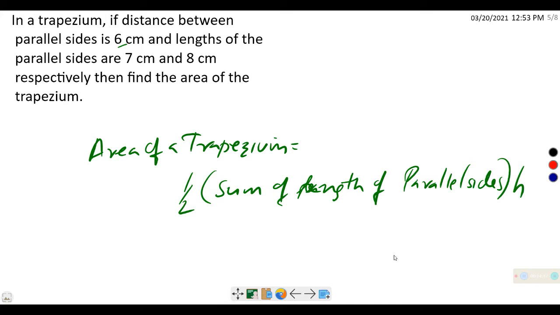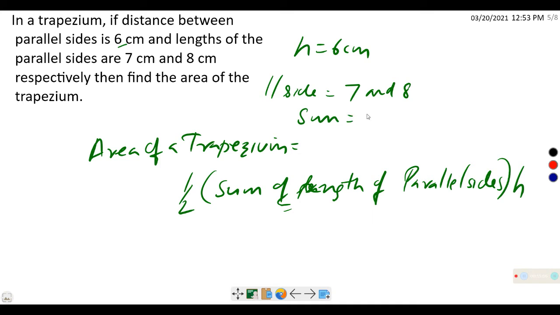Okay, so the question can sometimes be straightforward, sometimes a little bit tricky. See, here is a question in a trapezium. If the distance between parallel sides is given as 6 centimeter, that means it is already given the h, so I will write h is equal to 6 centimeter, and the lengths of parallel sides are 7 and 8. So the sum will be equal to 7 plus 8, and find out the area.